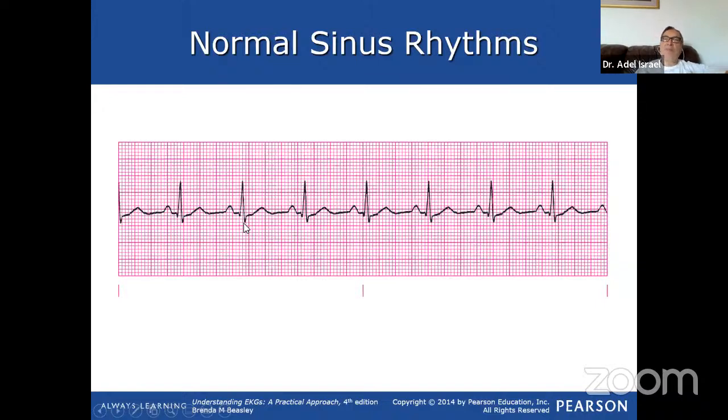Very good. What about the 4th step? What is the length of the PR interval? Okay, how many? 1, 2, 3, 4. I can count that there are 4 or 5 small boxes. So what is the time if it is 4 or 5?